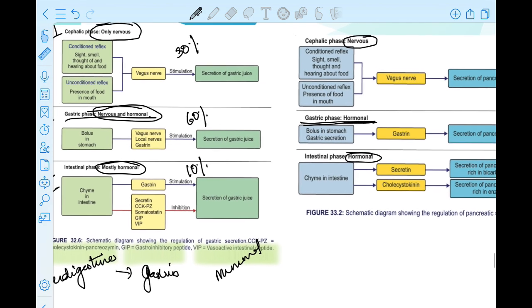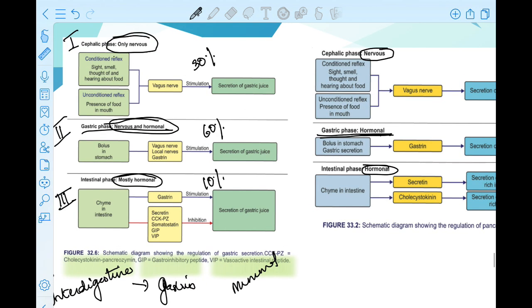Okay, and in the cephalic phase of the gastric secretion, we saw that it was via the vagus nerve. Here also it is via the vagus nerve. And in the gastric phase, since it has both nervous and hormonal, we had the vagus nerve as well as gastrin here. But since it is only hormonal, we have only gastrin. There is no vagus nerve in the gastric phase.